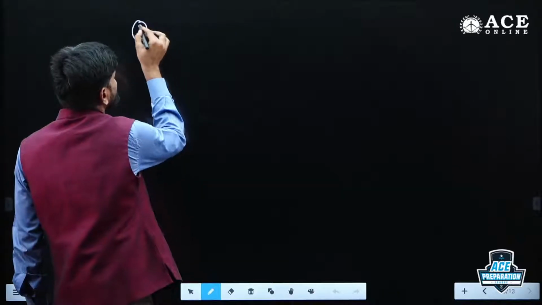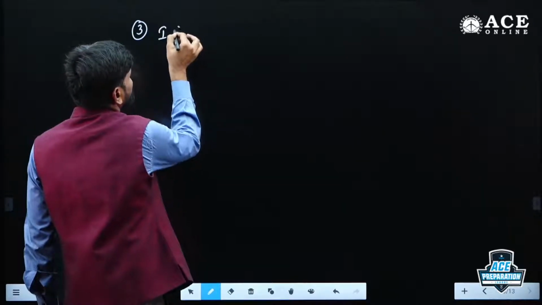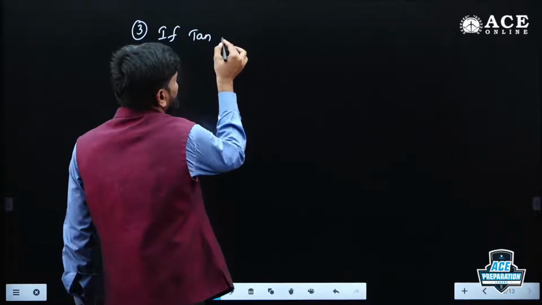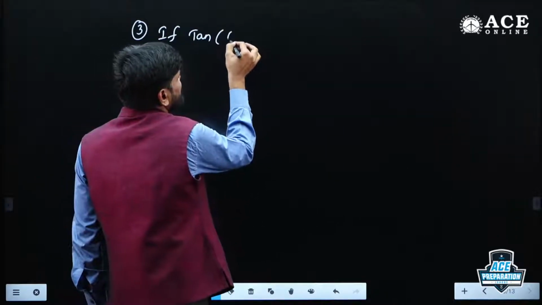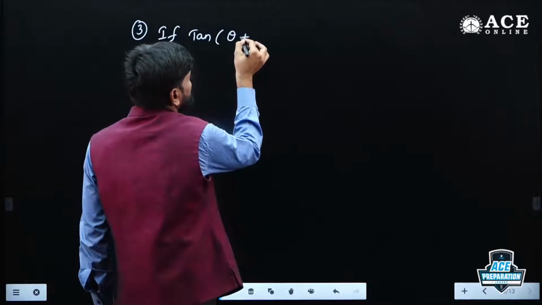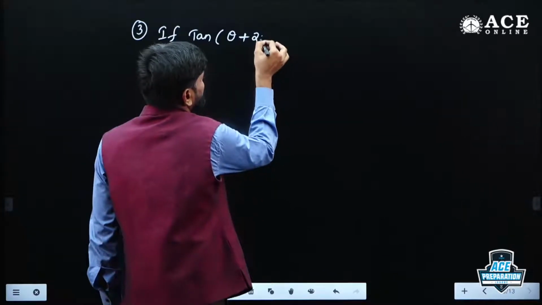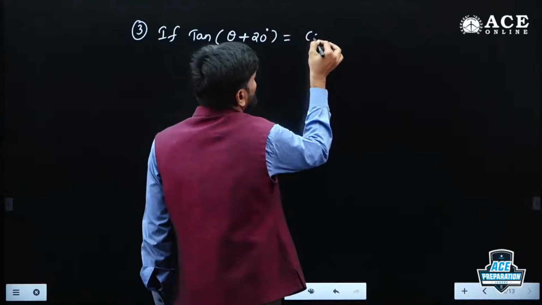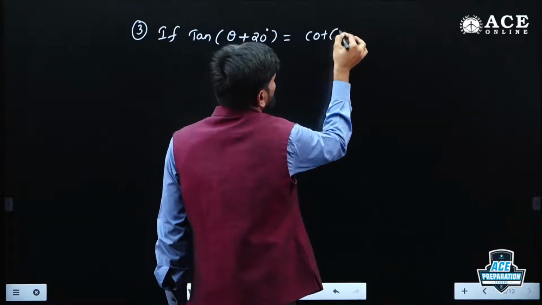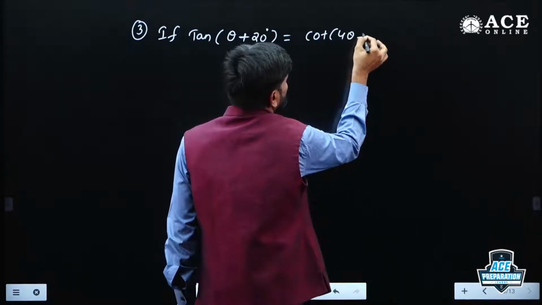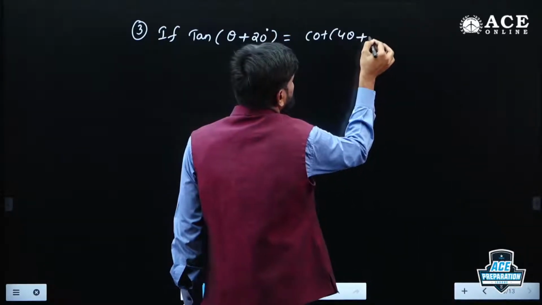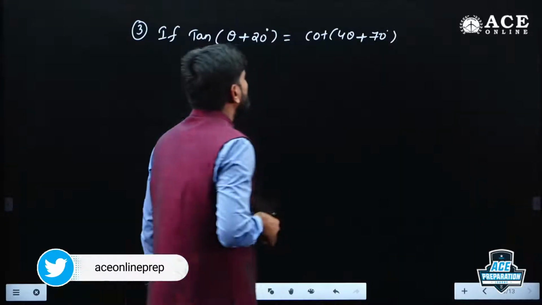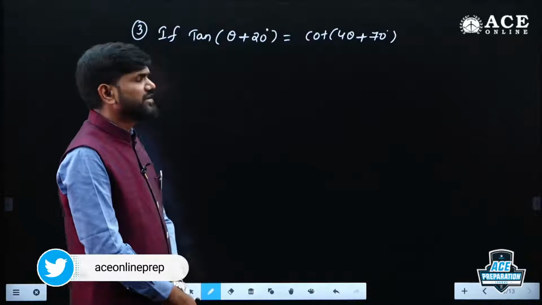Okay, suppose tan of theta plus 20 degrees is equal to cot of 4 theta plus 70 degrees.